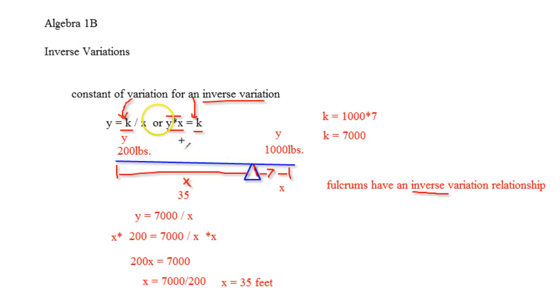So step number one, whenever you see inverse variation, write out the two sets of problems. Step number 2 is find the constant of variation, and step number 3 is to actually calculate it. Then you can find any answer this way, as long as it's an inverse variation.